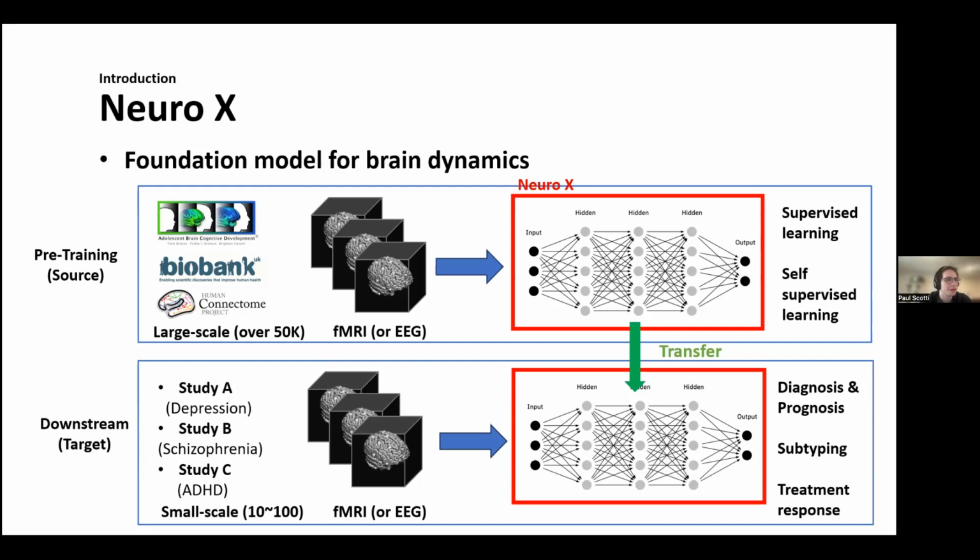Just for reference, what we're working on right now is adopting the VideoMAE model basically to do a masked autoencoder for 4D brain volumes. So we're not doing this same kind of contrastive approach.